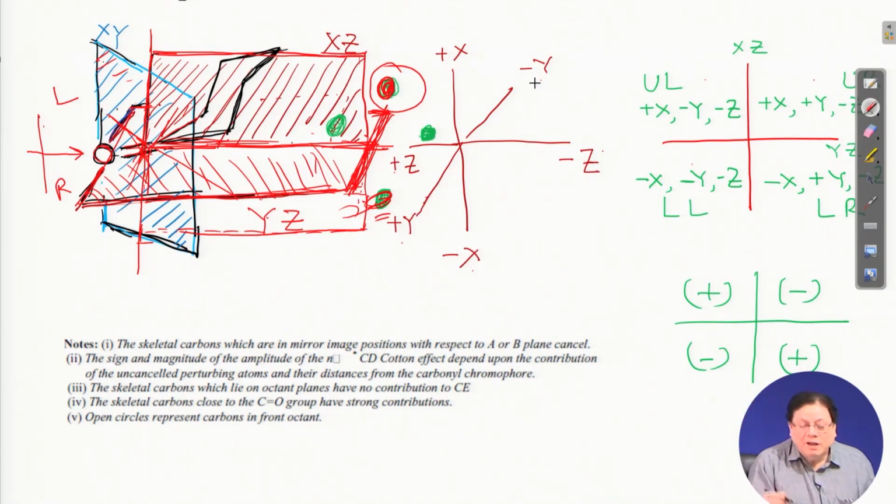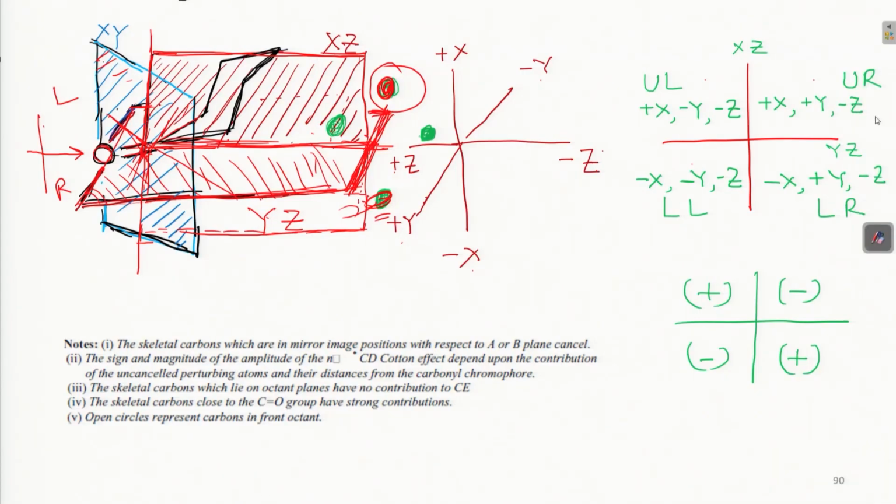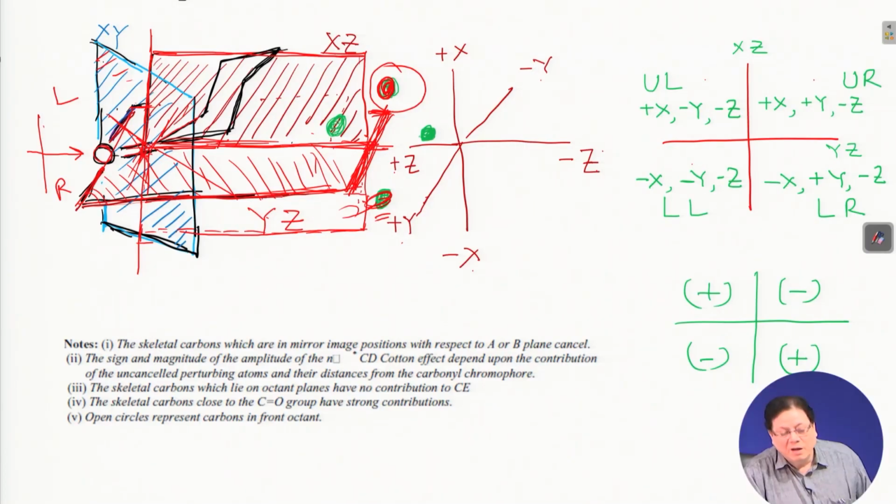So, any substituent in the upper right. Okay, let us see what is upper right. Upper right is basically on this side. The contribution of the substituent will be plus x, because that is the sign of the x coordinate here, then plus y and minus z.